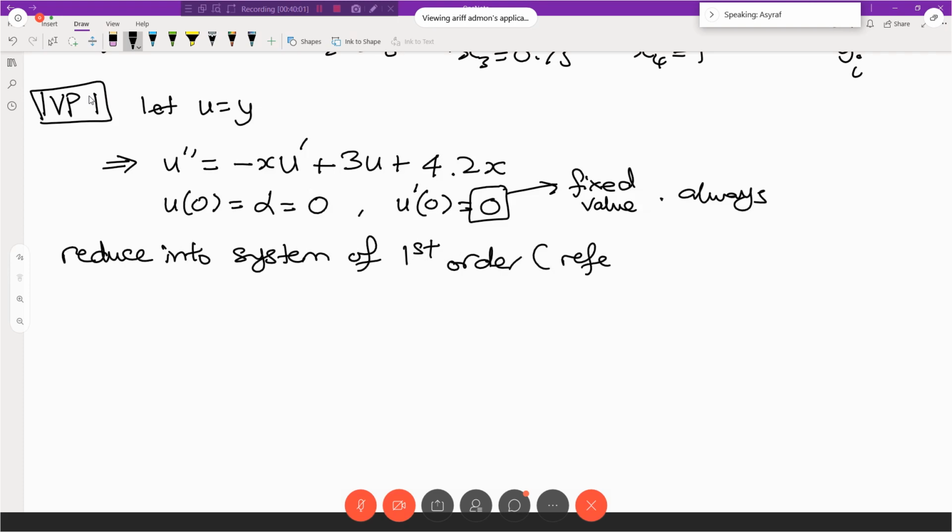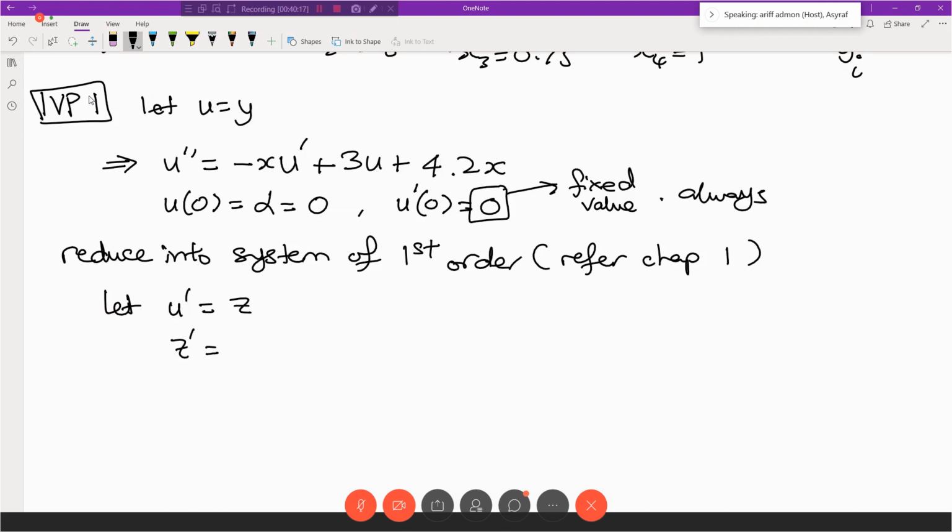Here we let u prime equal to, for example, z. So z prime is actually equal to u double prime, which is negative x, and your u prime here, this is your z prime equal to u.